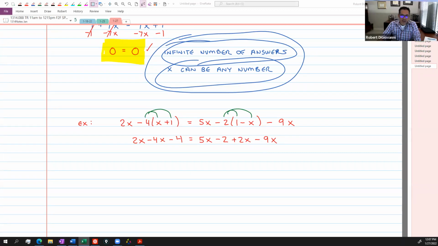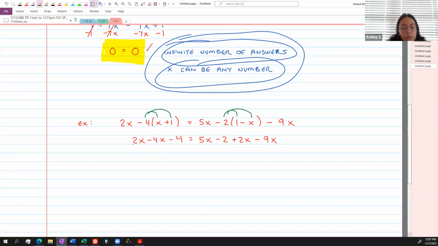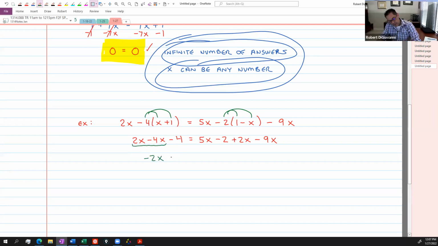Ashley, I think Ashley's the last person I haven't talked to today. Ashley, you doing all right? Yes. Okay, can you help me combine like terms? On the left-hand side, what can we put together? It would be the 2 and the -4, so that would be -2x. -2x, we still have -4, right? Mhm. Equals, now on the right-hand side, what can you put together?